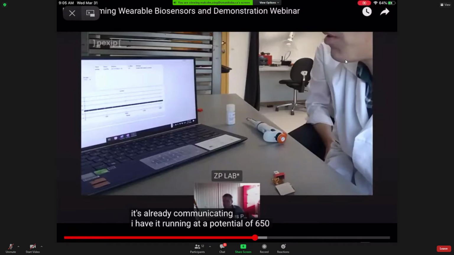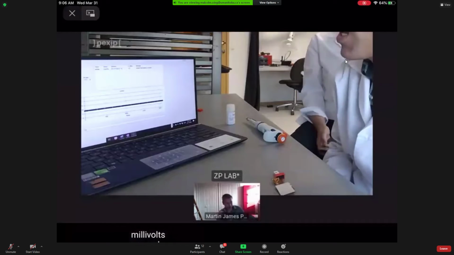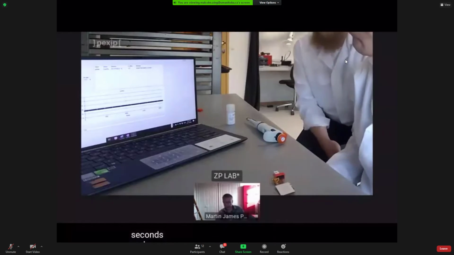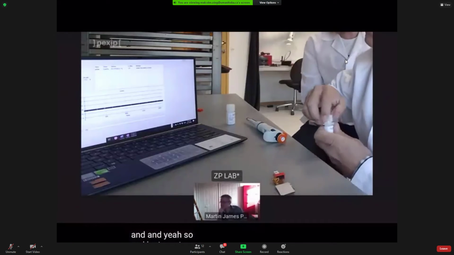From the voltage signal, the computer program automatically calculates to make it correlate with the calibration line. Then you know what is the glucose concentration in the body. Millivolts, and I have a sample rate of 5 seconds.